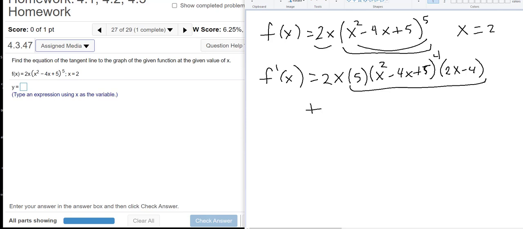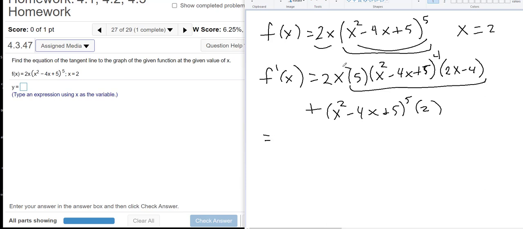Now, we have to do the second function, x squared minus 4x plus 5 to the fifth, times the derivative of the first function, which is 2, and that's a lot easier. So I'm going to do a slight cleanup here.